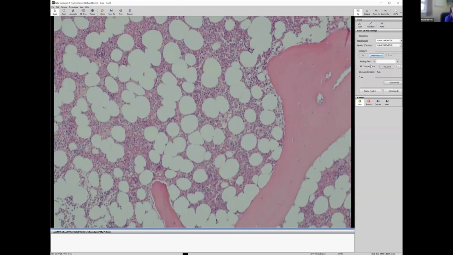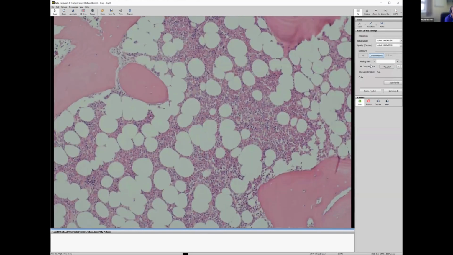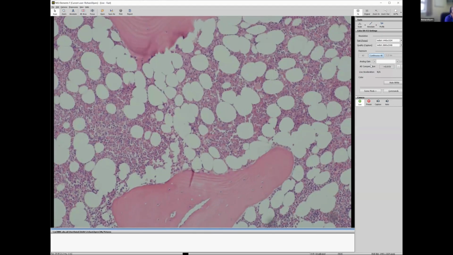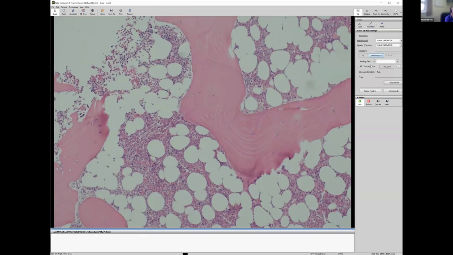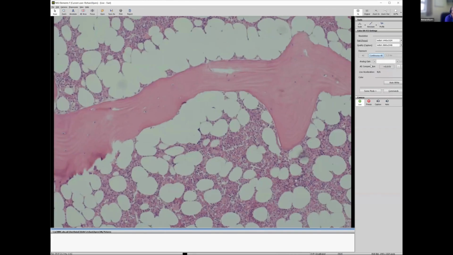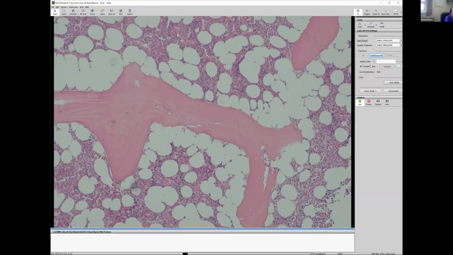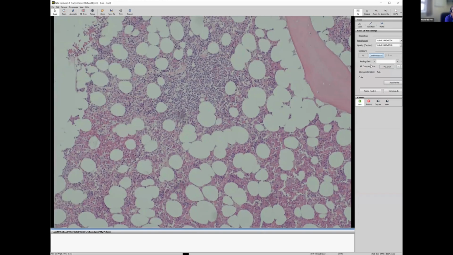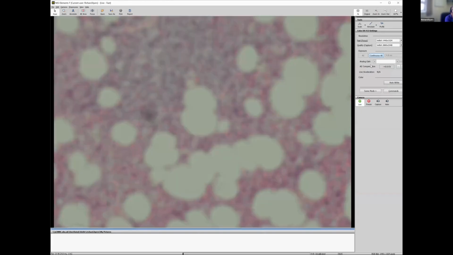All three lineages are well represented. Here we're looking for mast cells. Can't see any obvious aggregates of mast cells through the biopsy. Got a lymphoid aggregate there.